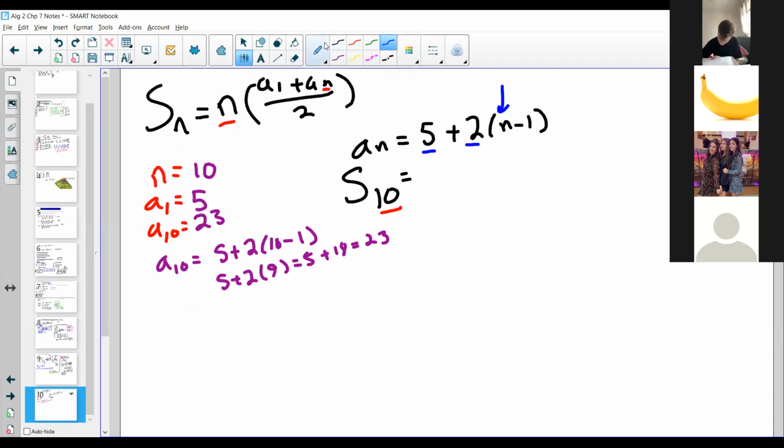I could just plug them in. And then afterwards, I could type it in the calculator if I really wanted to. You have to make sure your parentheses are right if you do it all at once. I would never recommend doing it all at once. Do one at a time. So 10 times my a1, which is 5, plus my an, or my a10 in this case, which is 23, all over 2.